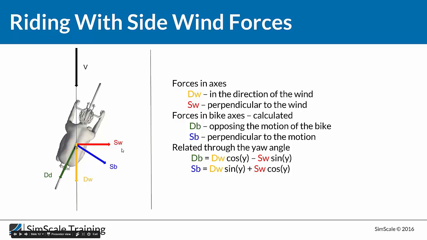And that's why it's really important to do some math to get the right direction of the forces acting on the rider, to get the right representation of the side force and the drag force.